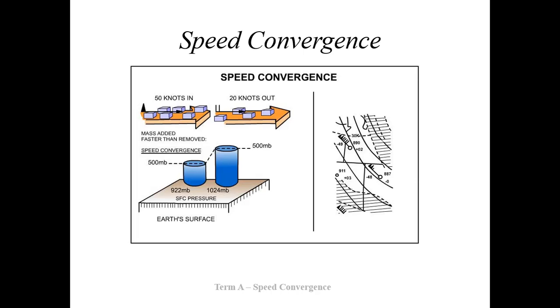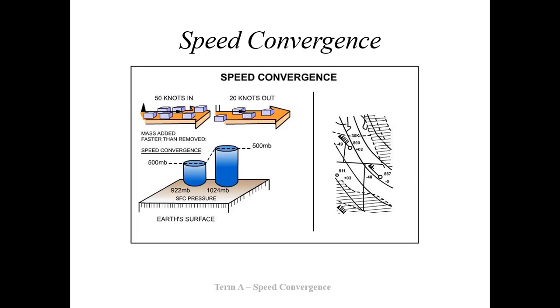Now, if you look at the image on the right, showing you a slice of a weather chart, again, there's your wind barbs indicated by the various symbols. The dark flag is 50 knots. The half line is 5 knots. The full line is 10 knots.